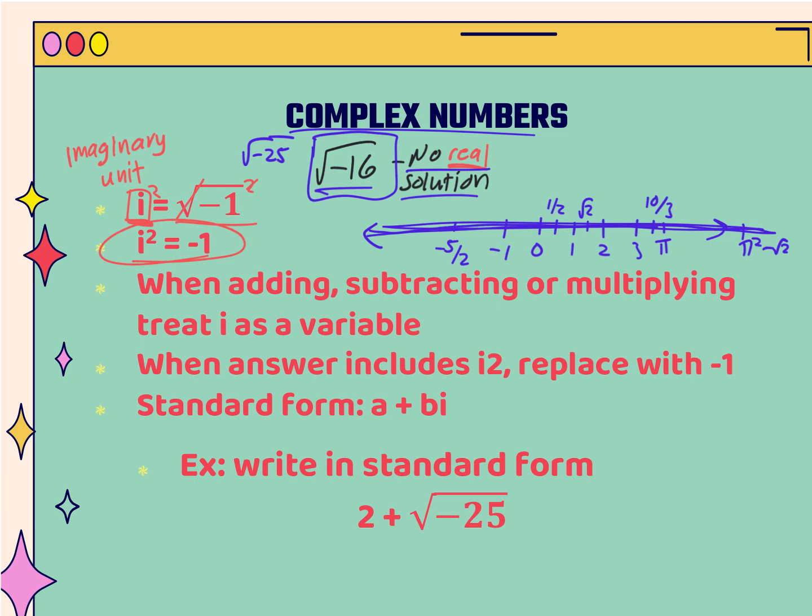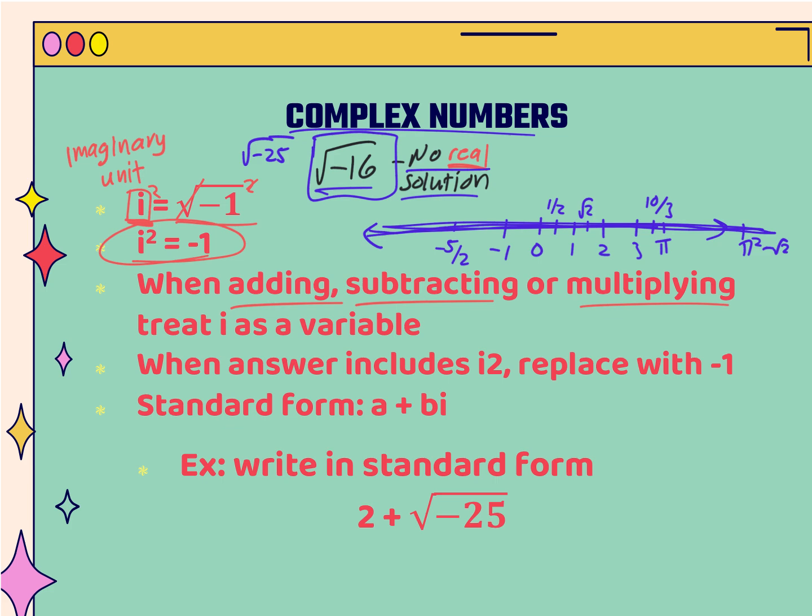When you want to add, subtract, or multiply, you want to treat i like a variable. Just like in our radical section weeks before, anytime you're adding, subtracting, or multiplying radical expressions, you treat it like a variable. Then you'd maybe want to multiply under the radical if possible. But with adding and subtracting, you can't mix a whole number and a radical.